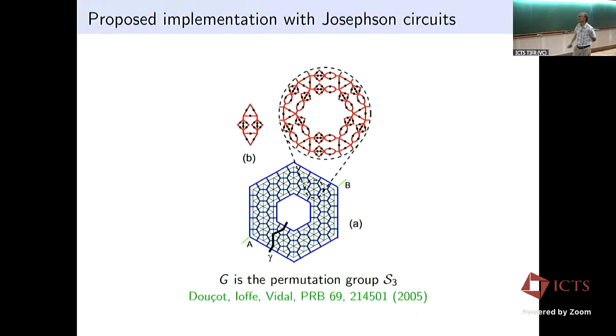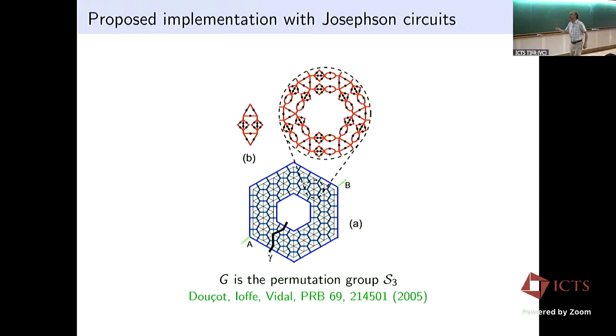And together with Julien and Lev Ioffe, we proposed a Josephson junction array. You have to imagine that each vertex is a little superconducting island. The black crosses are junctions between those islands. Everything is superconducting. It has to be put in the right magnetic field. And we've shown that this device can implement the realization of the Kitaev gauge model with the group S3.